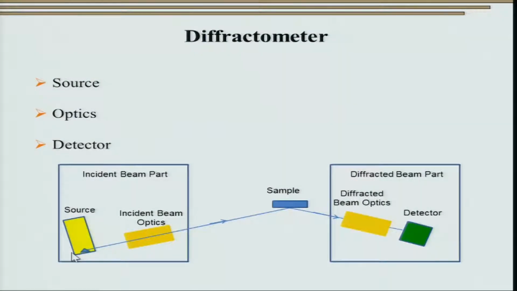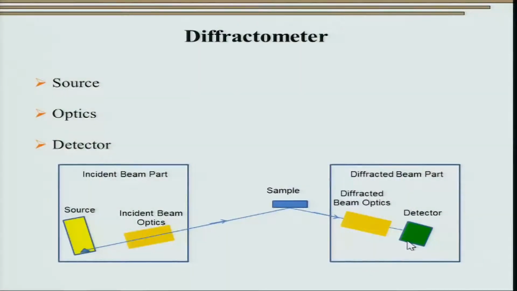So, we see we need a source to generate X-rays, and we need what is known as the incident beam optics to massage the X-rays and produce X-rays in the proper format in which we want. Then the X-ray is made to interact with the sample, and then whatever signal we get is passed through the diffracted beam optics, again to ensure that we are looking at a particular wavelength, and then finally it goes to the detector.